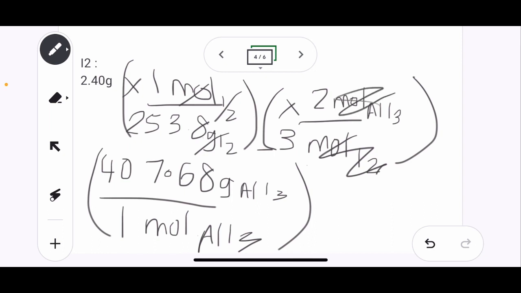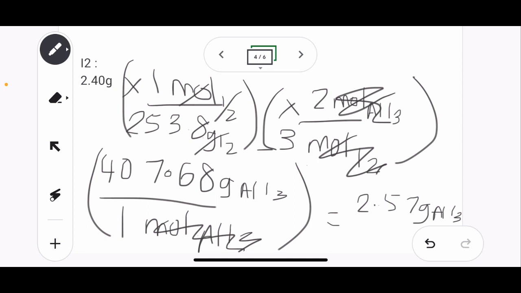And then this gets cancelled out, this gets cancelled out, and now we end up with grams of aluminum iodide. So the answer for this one will be 2.57 grams of aluminum iodide if we do all the calculations and follow the conversion brackets.